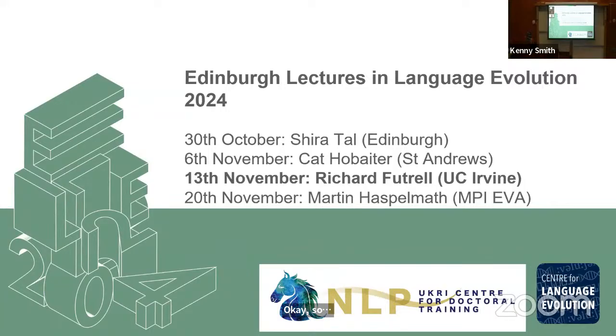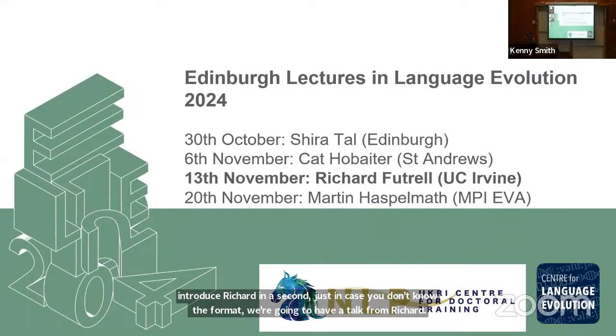Hi, everyone. Welcome to the third lecture in this year's installment of Edinburgh Lectures in Language Evolution. Our speaker today is Richard Futrell, and we're going to be joined by Martin Haspelmath and Shira Tal for the panel discussion. So I'll introduce Richard in a second. Just in case you don't know the format, we're going to have a talk from Richard, and then we'll have a panel discussion, a quick Q&A between Richard, Martin, and Shira.